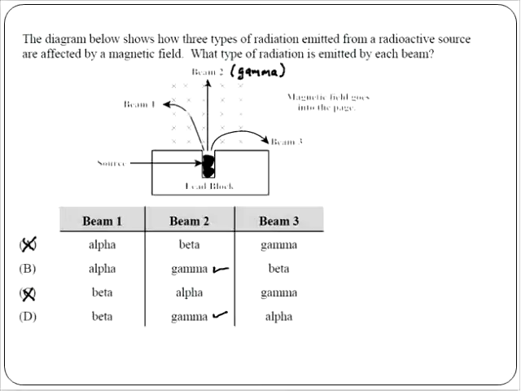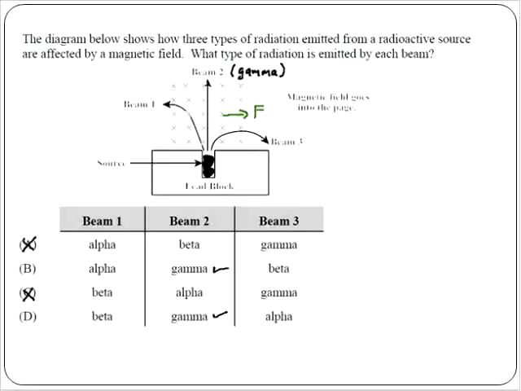I point my thumb towards the top of the screen, because that's the direction the particles are initially moving in. And when I do that, my palm points to the right. So for your left-hand rule, you get your palm showing a force this way. That force would act on the negative particle.